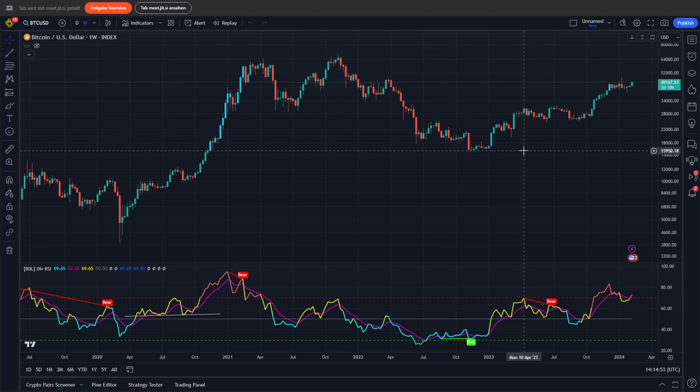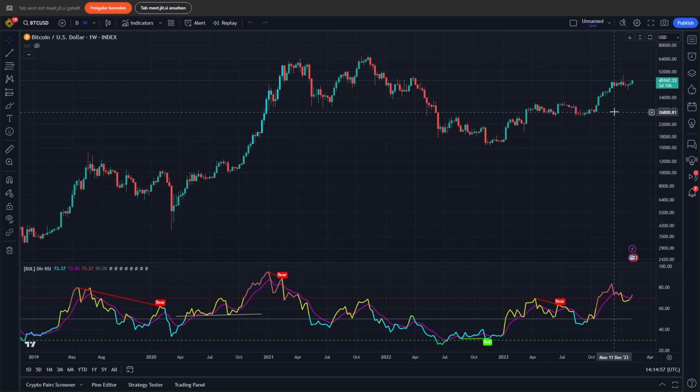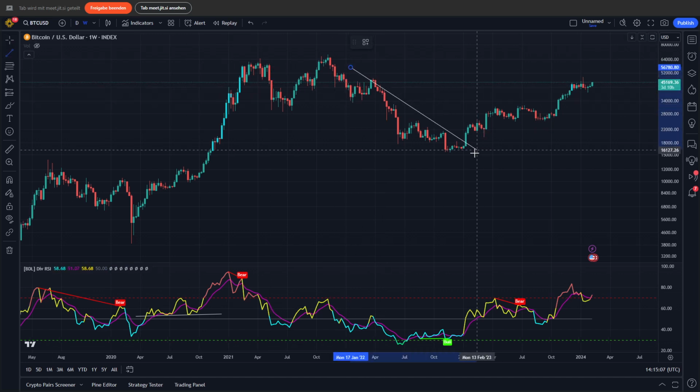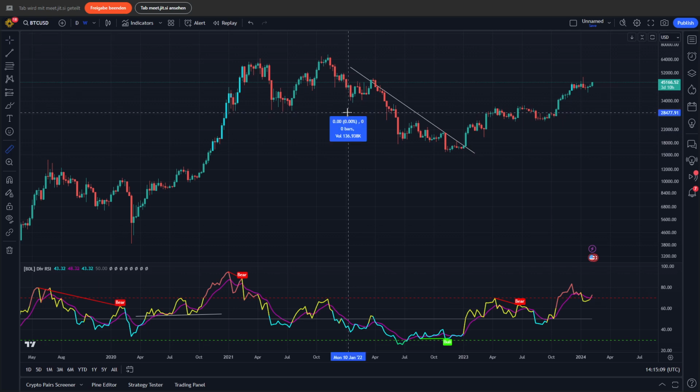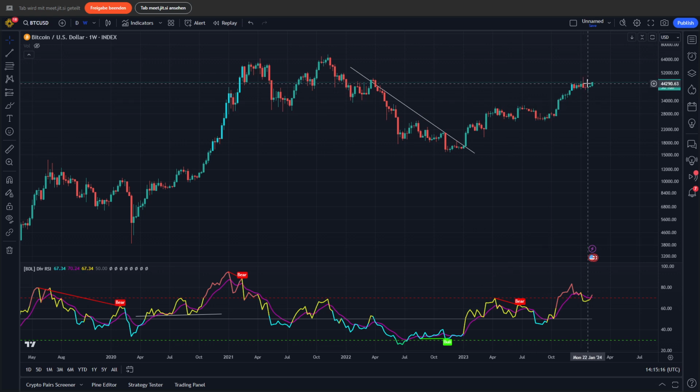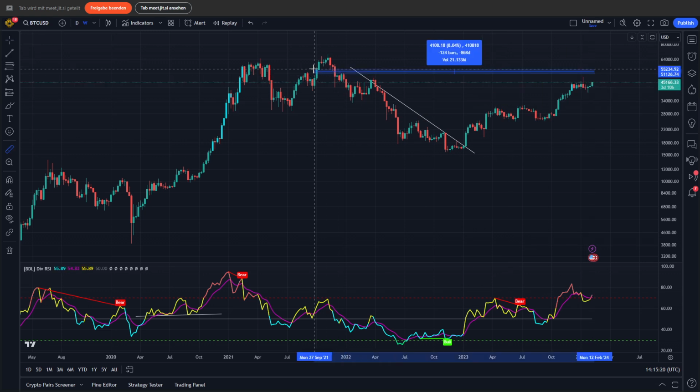If we look at the market now, it's an interesting moment because we are very overbought. Actually, I remember very well when we were in the bear market, and this was like one year of downtrend. Let me see, yeah, over 300 days, so over one year of downtrend, and now we are actually back where we were just two years ago.